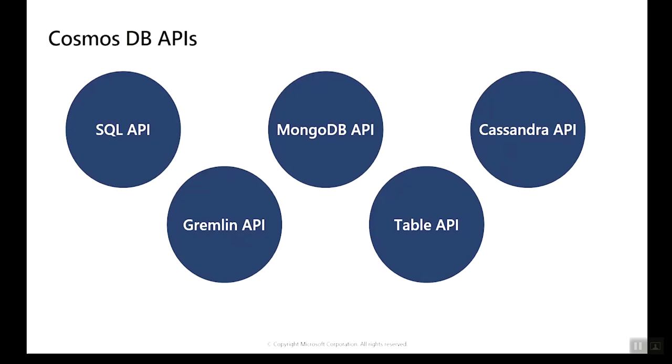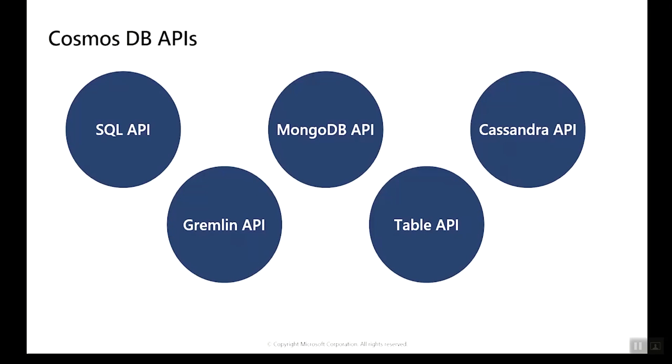Just like the MongoDB API, the primary purpose of the Cassandra API is to enable you to quickly migrate any of your existing Cassandra databases and applications to Cosmos DB without having to make many changes.